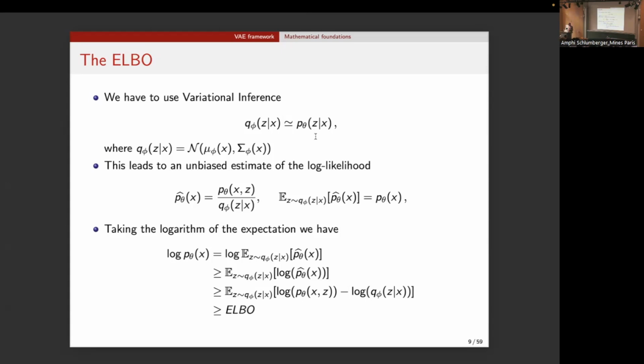But if you don't know it, you can use an approximation, which is quite simple: a normal distribution with mean and standard deviation that depend on X, of course. This distribution approximates the conditional distribution. With this approximation, you end up with an unbiased estimate of the log likelihood and an ELBO, a lower bound.